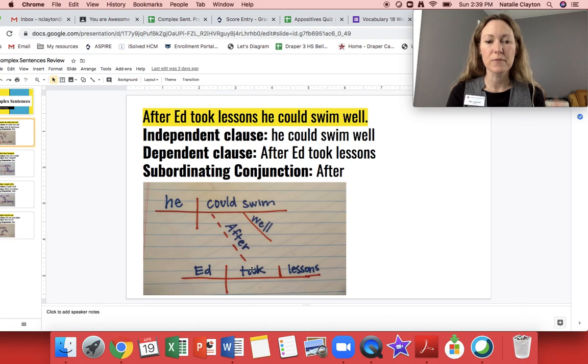You always look for the verb and connect the verb to whatever word it is modifying. So after Ed took lessons, then he could swim well. Even if you took away well, it would still make sense. So you're connecting this whole adverb clause to this verb phrase, could swim.